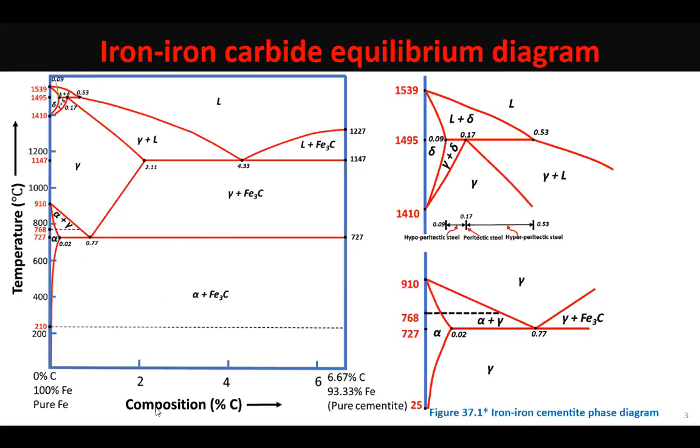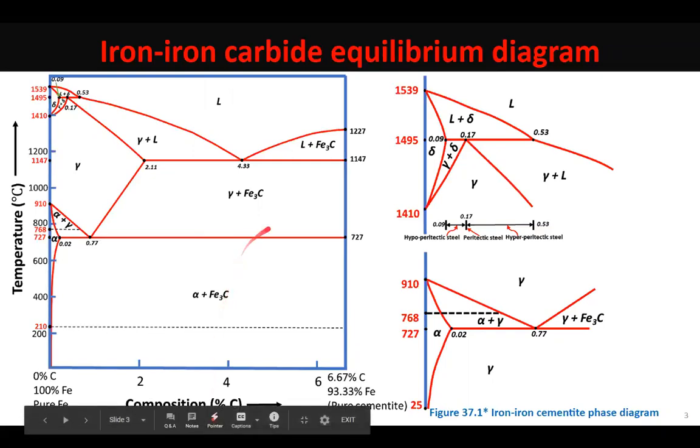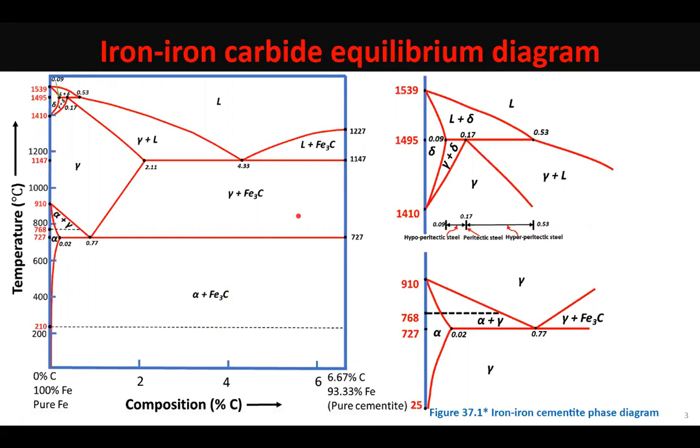Again, for your reference, I have shown here the iron cementite equilibrium diagram. Now it is this region where the eutectic reaction takes place, and it is this region where the eutectoid reaction takes place. So we will be more concerned about this region in the initial part of this session.